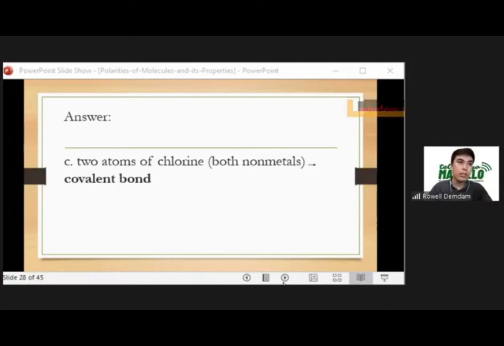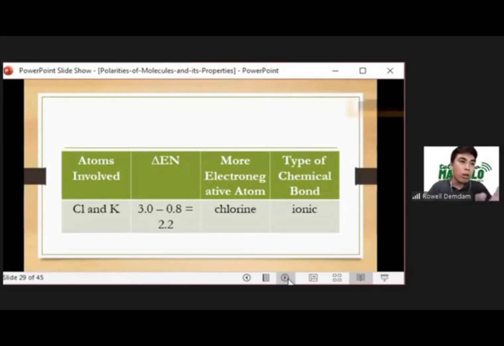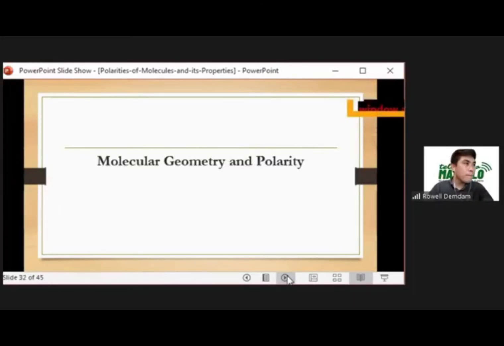Now let's proceed to molecular geometry and polarity, or the polarity of covalent bonds. The polarity of covalent bonds in a molecule helps determine the polarity of the whole molecule. A molecule whose bonds are all nonpolar in character is likely to be nonpolar overall.